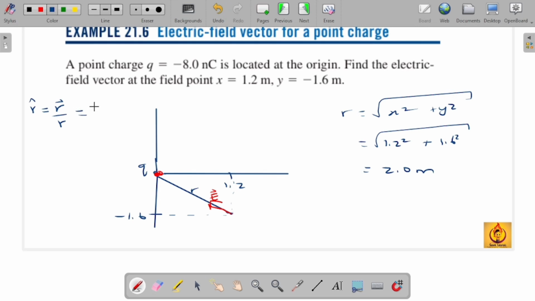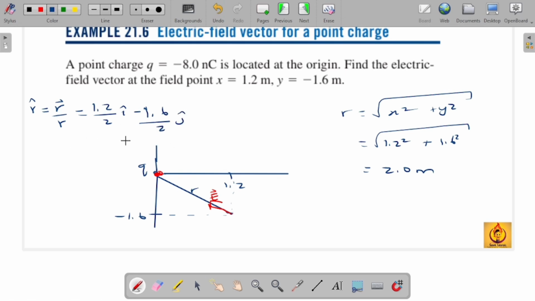And our R is 1.2 divided by 2 in the x direction, and then negative 1.6 divided by 2 in the j hat.